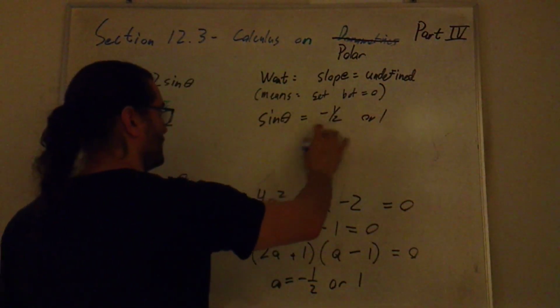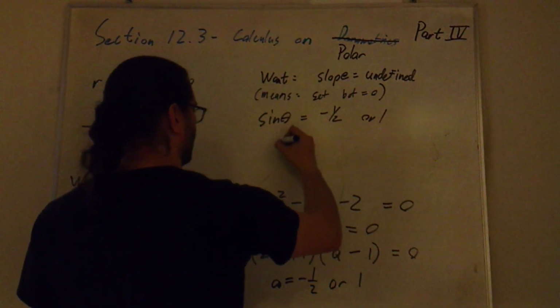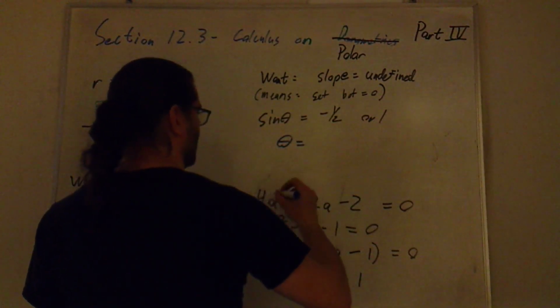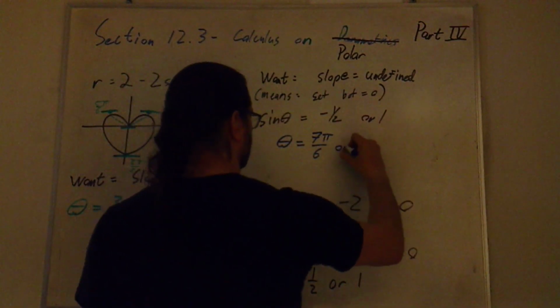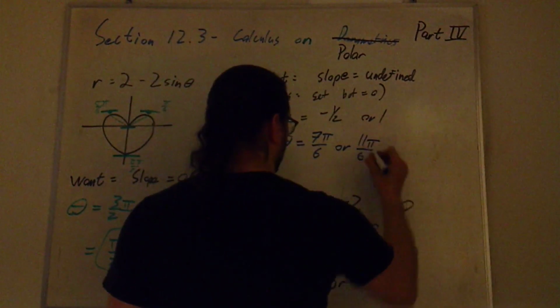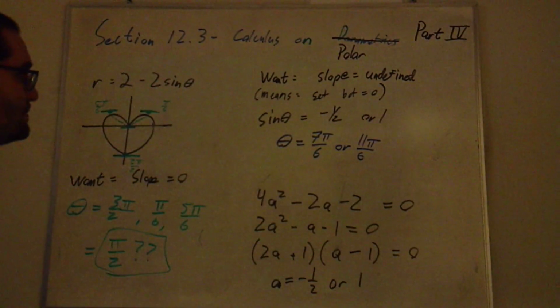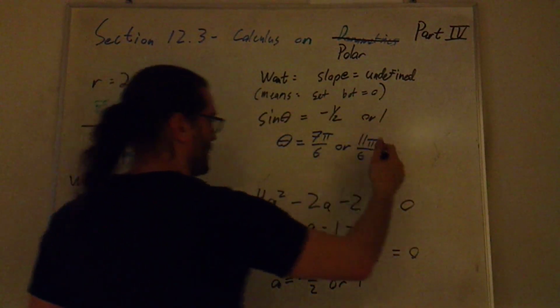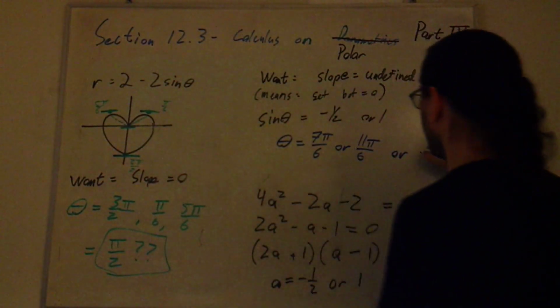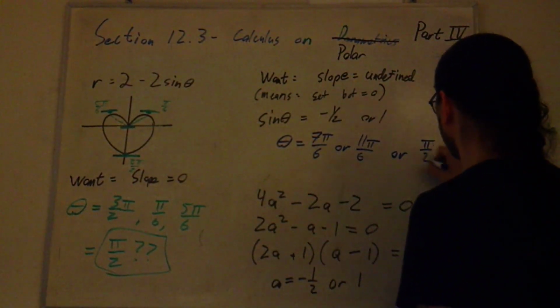If the sine of theta is negative 1/2, that means theta needs to be 7 pi over 6 or 11 pi over 6. And if the sine of theta is 1, that means theta was pi over 2.